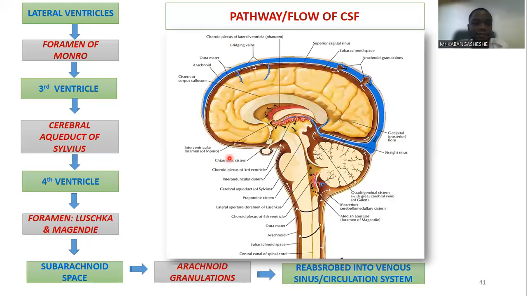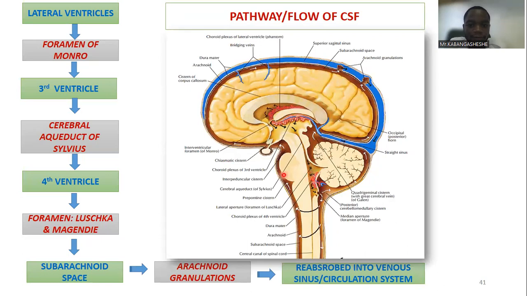Okay, it's here. So first of all, the ventricles, that is the lateral ventricles all the way to the fourth ventricle. These are areas where cerebrospinal fluid is being formed. Lateral, third, fourth. Secretion is occurring there.